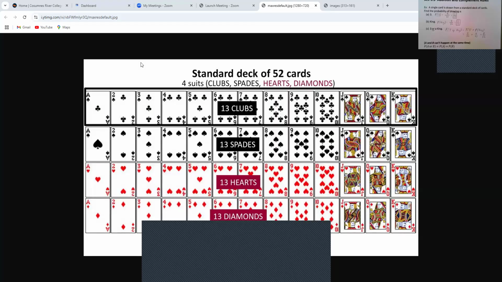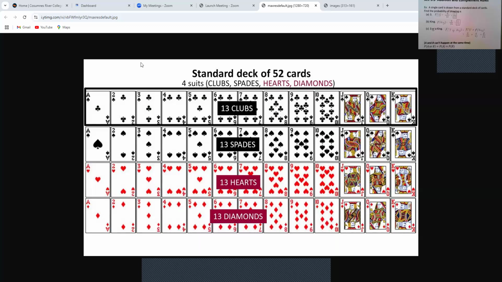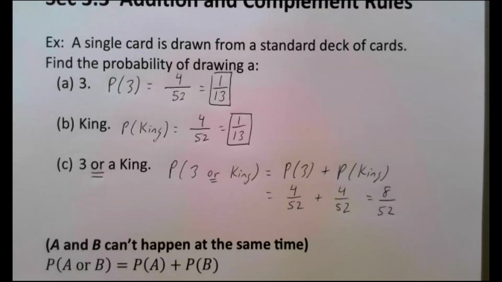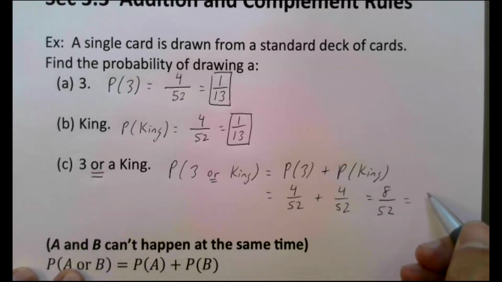Again, if you look at a deck of cards, there are these 4 cards, the 4 3s, and then these 4 cards, the 4 kings. So those are the 8 cards we're talking about out of the 52 that would satisfy the property of being either one of those two. And of course, I would reduce this, divide top and bottom by 4, we get 2/13.